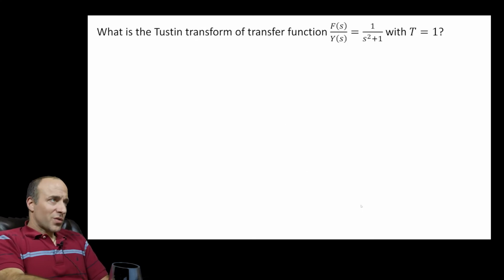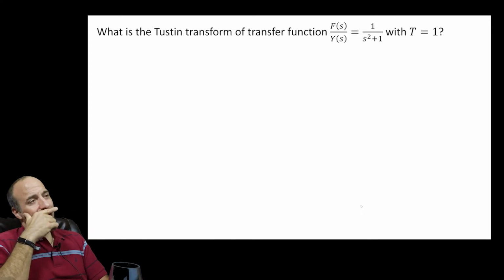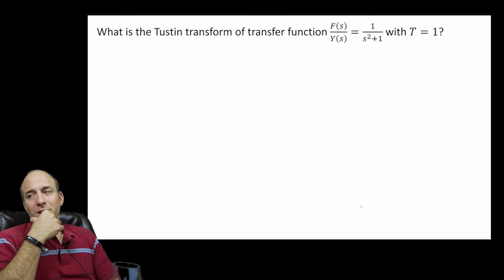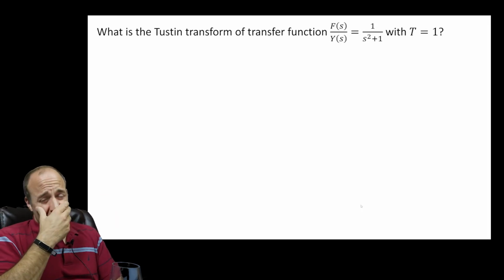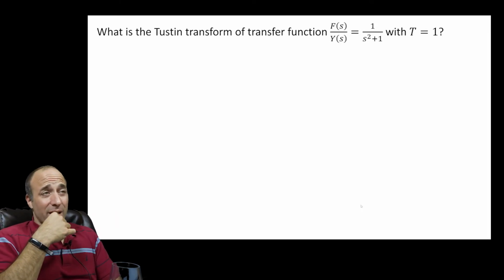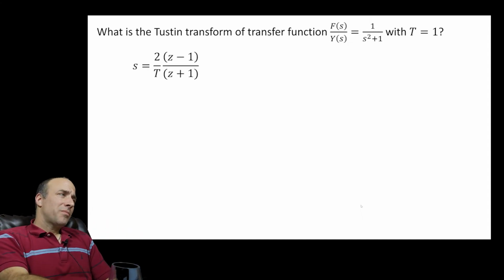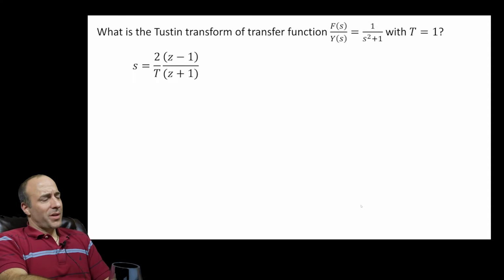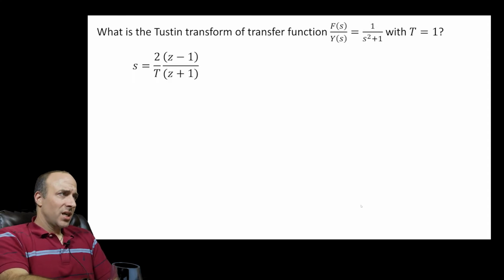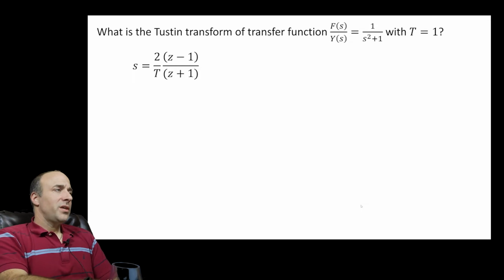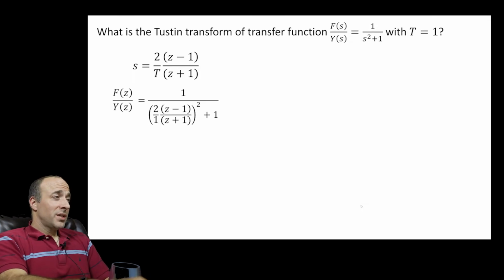And what is the Tustin transform of transfer function Y of s over F of s equals 1 over s squared plus 1 with T equals 1? T in this case is our sampling period, or our time step. So remember, when you do the Tustin transform, you just replace s with 2 over T times (z minus 1) over (z plus 1), and since T is 1, it's just 2 times (z minus 1) over (z plus 1).